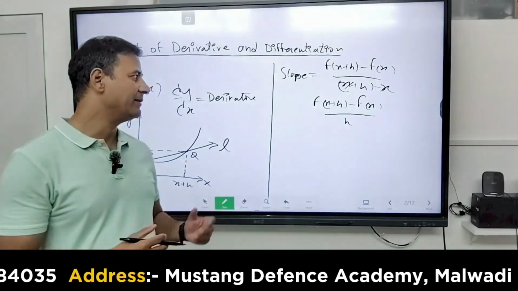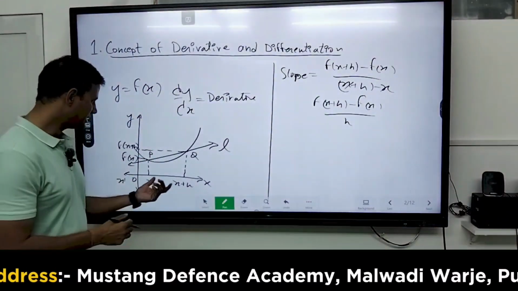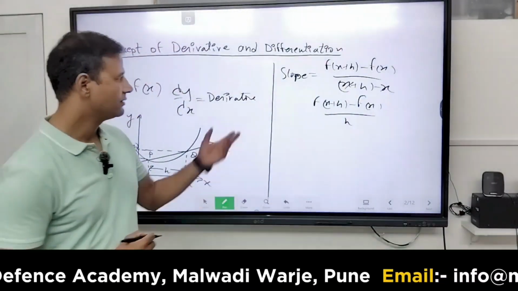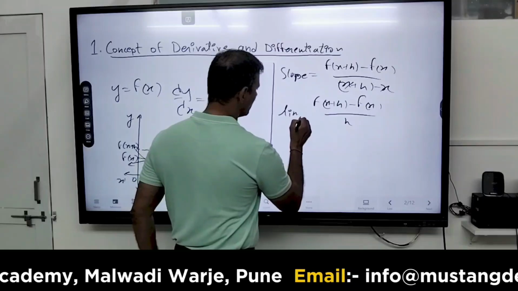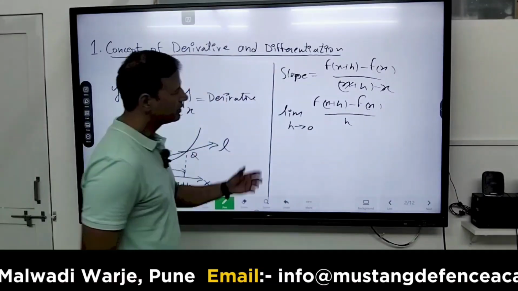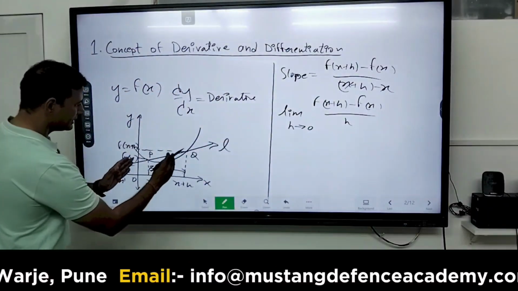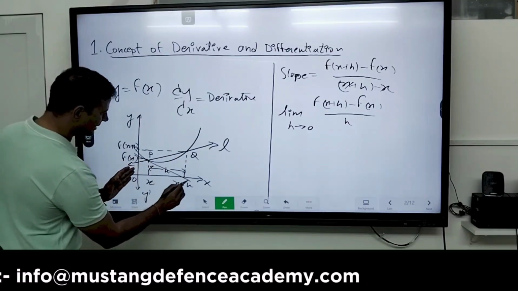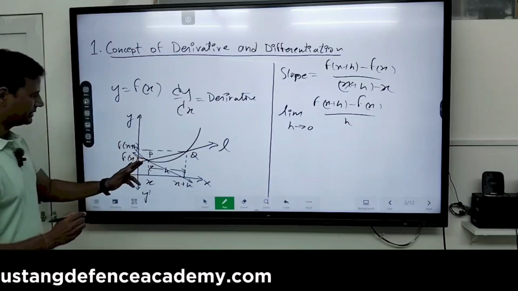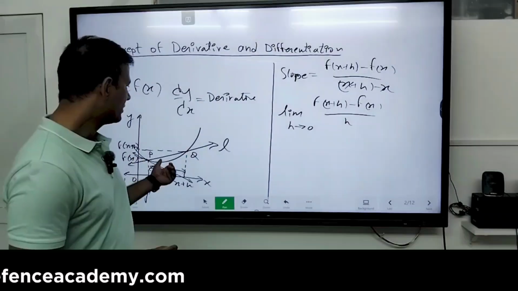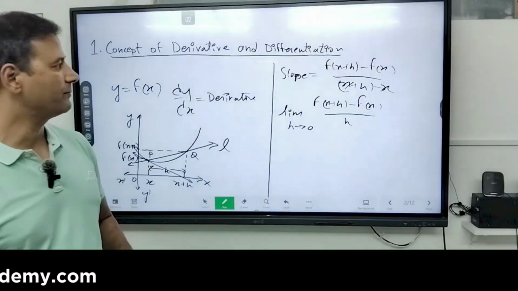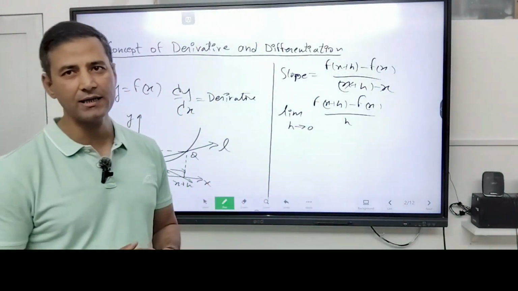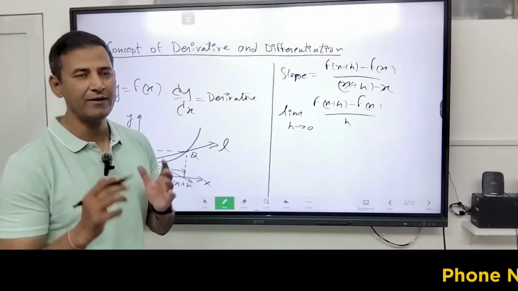Now when we take limits, because h, this distance, is very small, tending to 0, Q will come to point P and we will get the slope at this point P. It will be the tangent at point P. Limit of h tending to 0 means h is infinitesimally small, very very small.